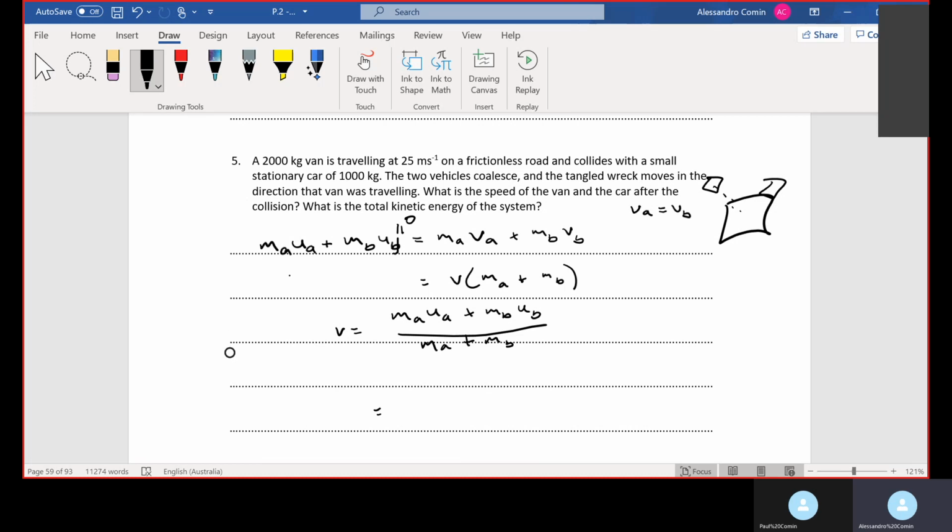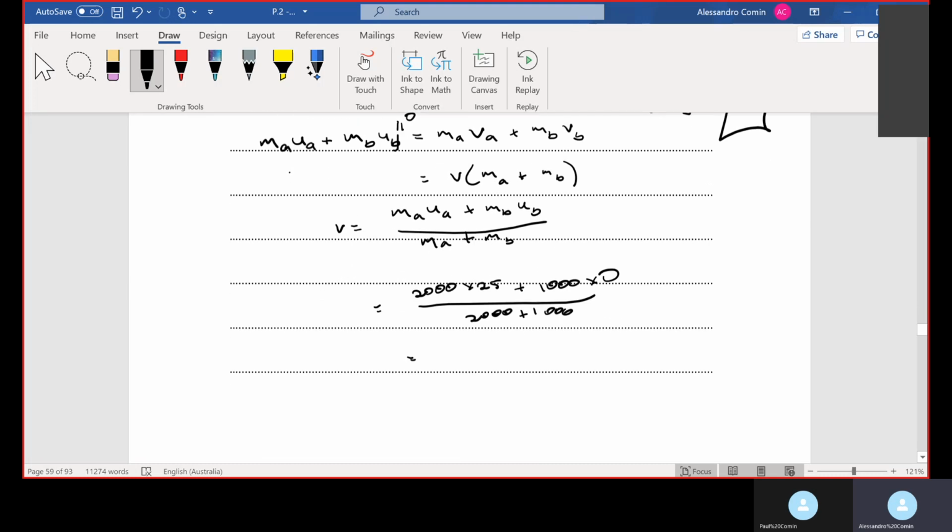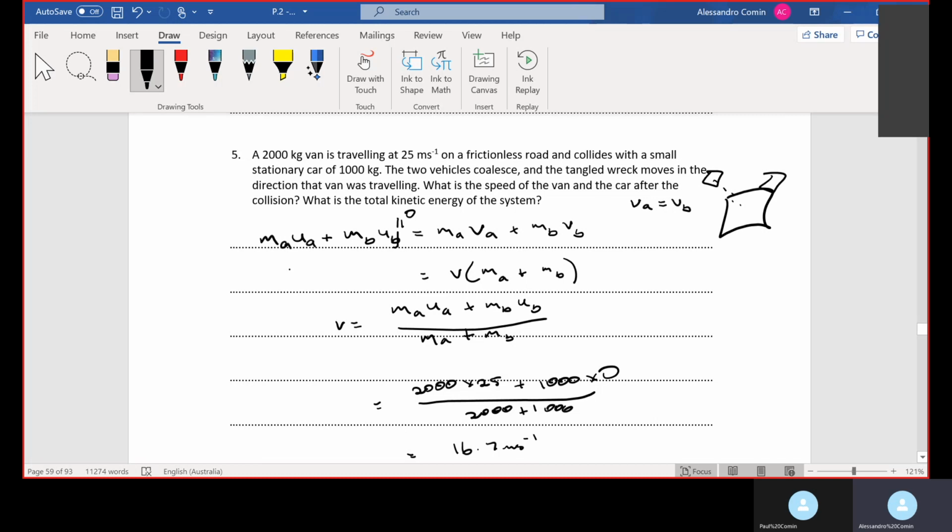So that means that, well, it's 2,000 times 25 plus 1,000 times 0 over 2,000 plus 3,000. No, sorry, my bad. And so we get the final velocity is going to be 16.7 meters per second, or 60 kilometers per hour, rather.